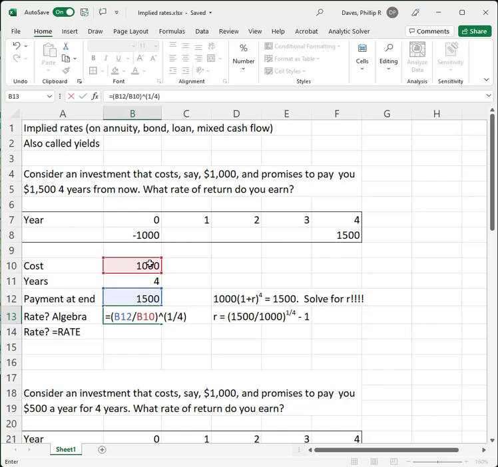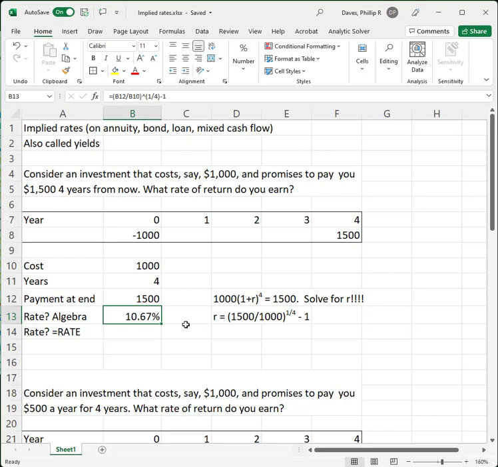Do I need more parentheses in order to subtract off 1? Well, no, because remember your order of operations: exponentiation happens first. Multiplying and dividing happens second. We've got that within parentheses here, and adding and subtracting is the last thing that happens. And so when we do that, we end up with 0.1067, or 10.67%.